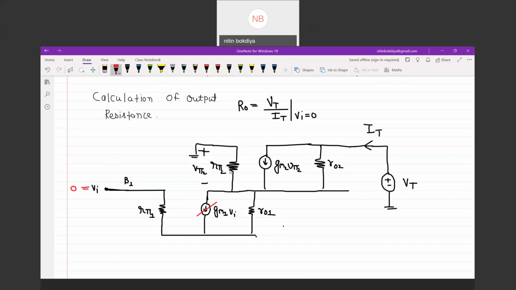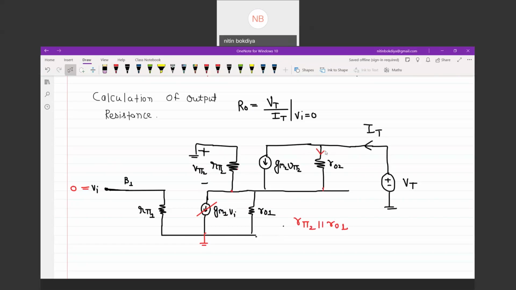And the starting point and termination point of these two, R pi 2 and R01, are same. ये दोनों स्टार्ट होते हैं इसी पॉइंट से, minus V pi 2 से, और टर्मिनेट होते हैं 0 पे. ये देखो, this emitter is also connected to 0. So can I say R pi 2 will appear in parallel with R01. This is the idea.